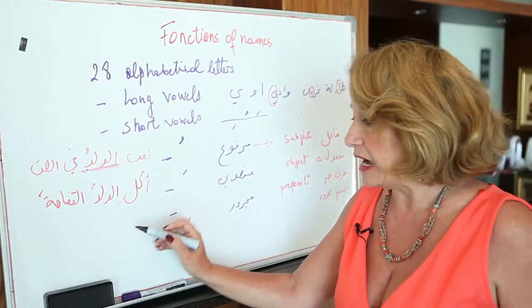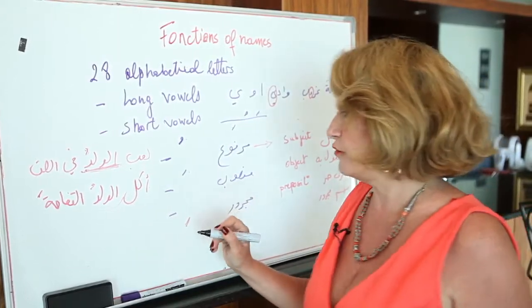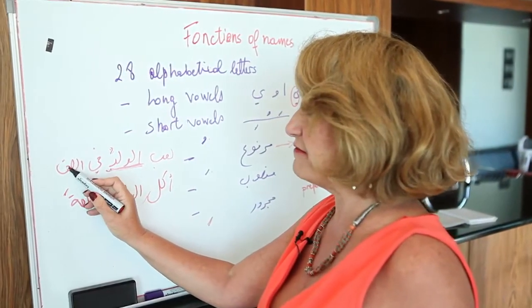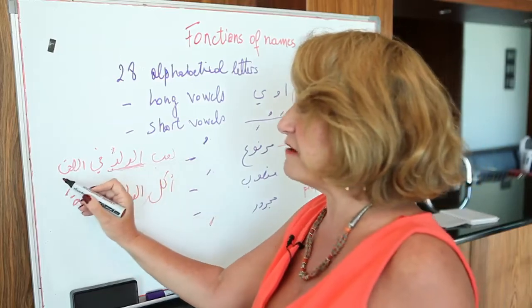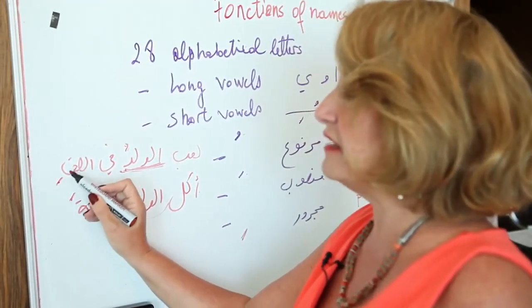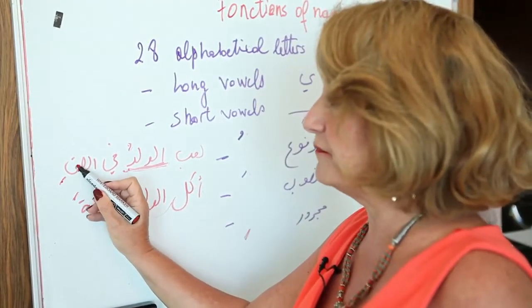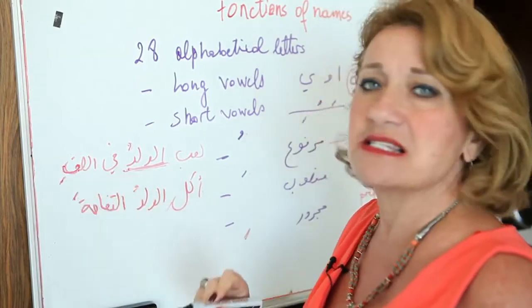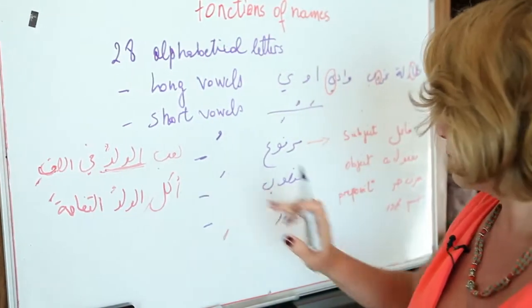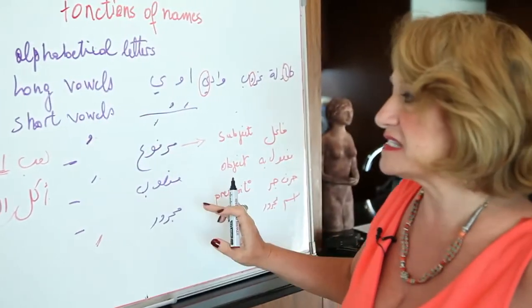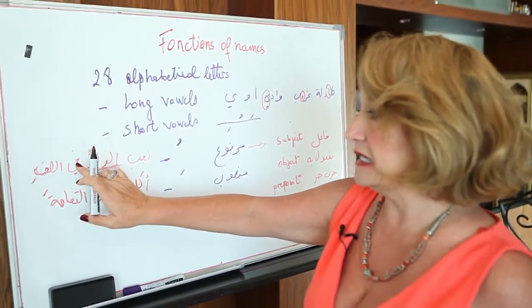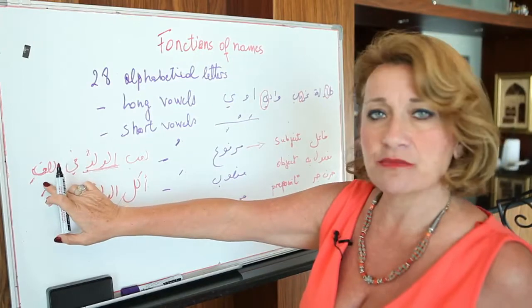Kasra is underneath the line. So for example here, لعب الولد في الصف, the kasra is underneath the letter. When we have a preposition في الصف, it is حرف جار and اسم مجرور.